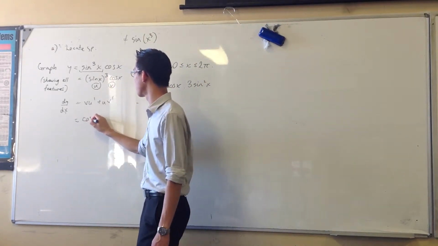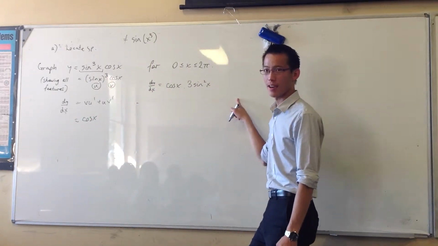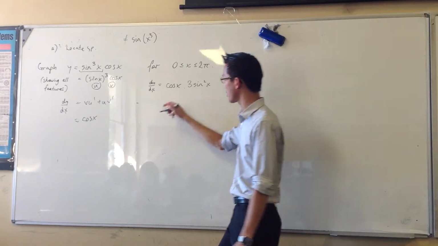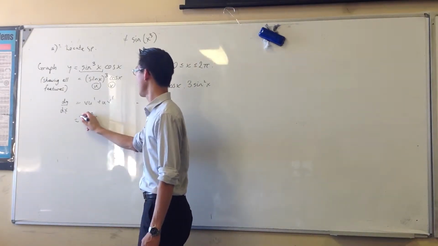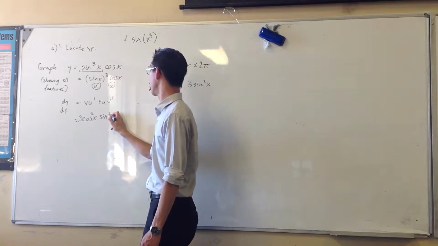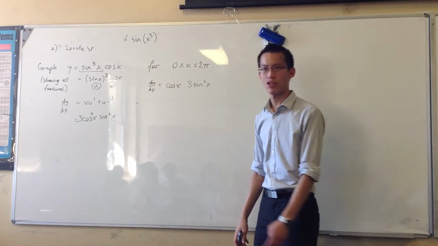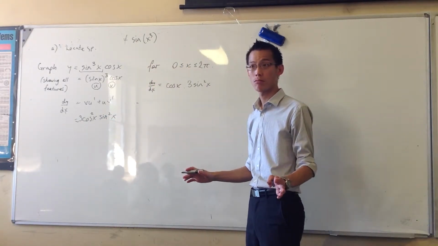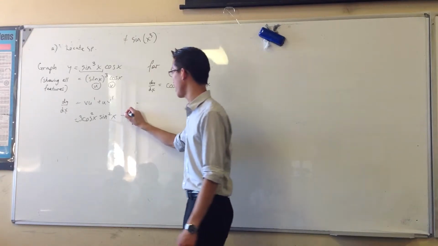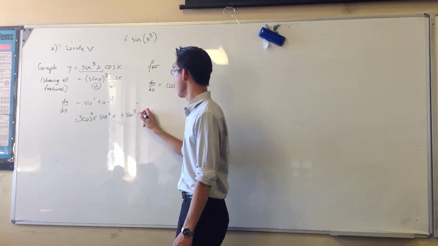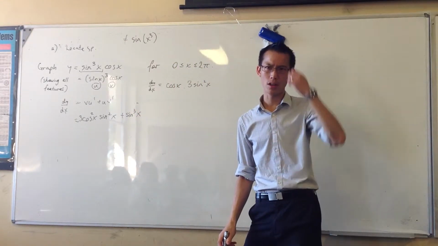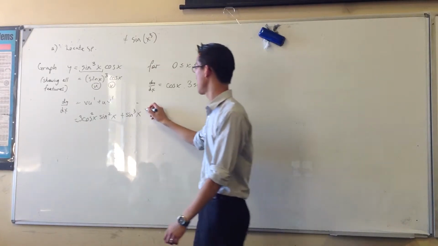v is cos. u dash is this guy. So I've got a cos there, cos here, so cos squared. There's a 3 out the front. There's v u dash. So far so good? u is unchanged. And then v dash, cos turns into negative sine.